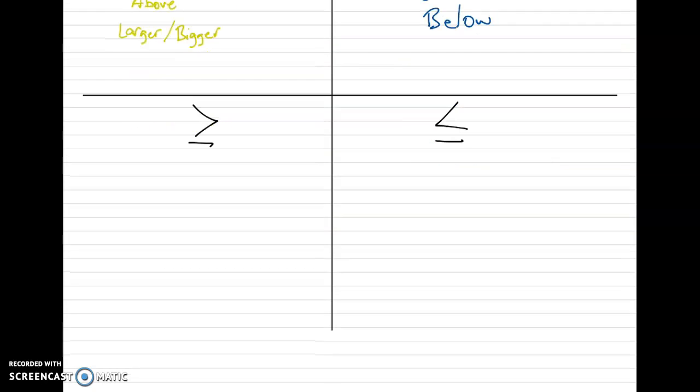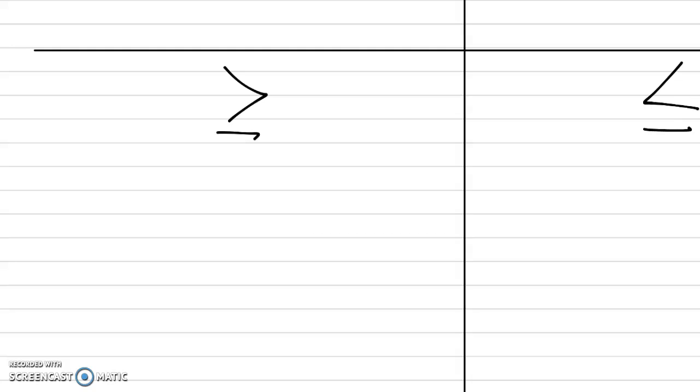Alright, let's go down to this one here, which is greater than or equal. Greater than or equal, this one right here is what I'm looking at. I talked about this one in class.